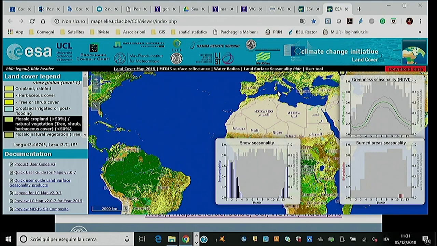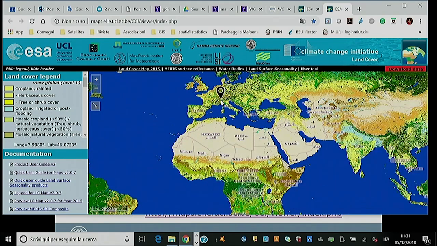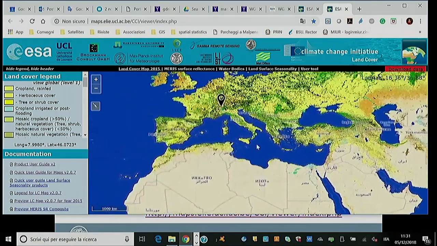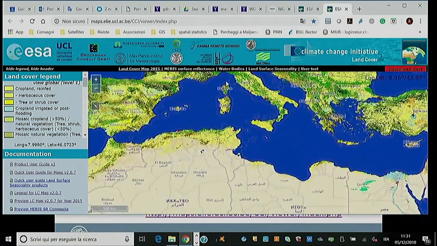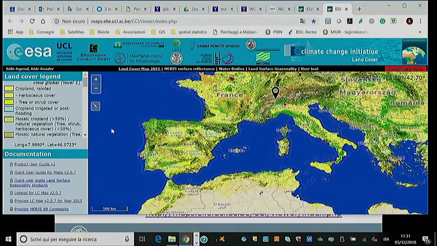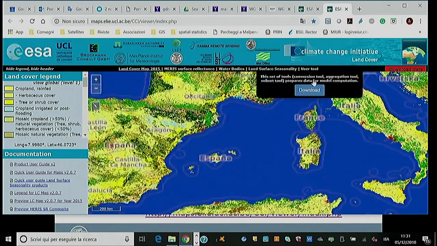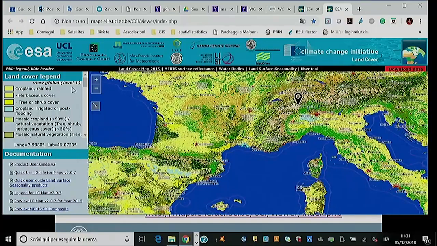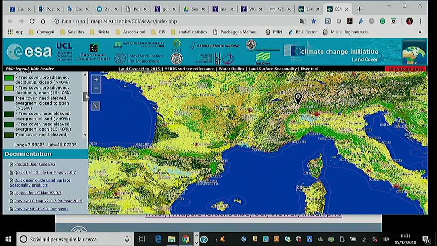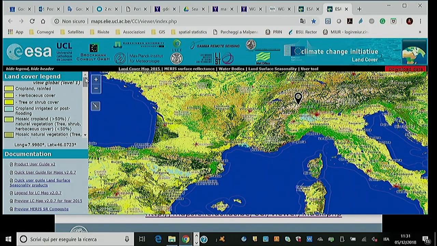And as you see here, there is the map of all the world. And we can zoom in and zoom out, so we can move in the map. And we can read what is the land cover considering the available legend. From the technological point of view, I have to add nothing because you know how it is possible to create a WebGIS like this one.